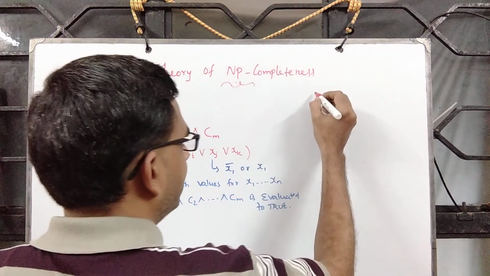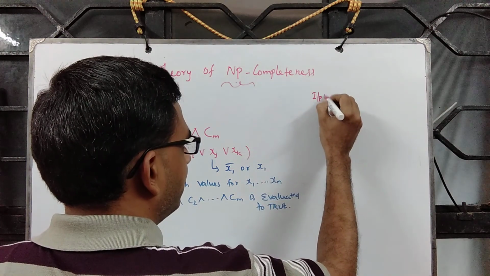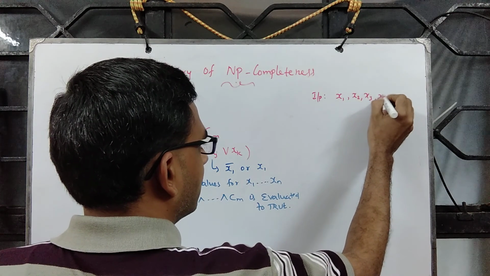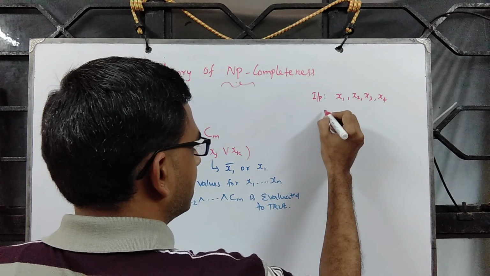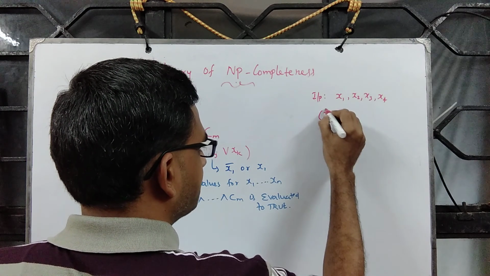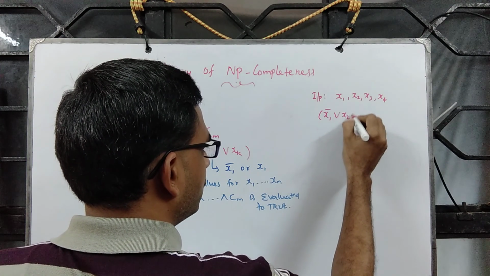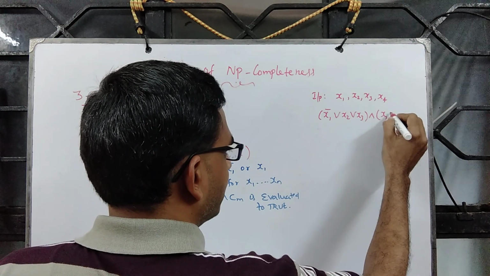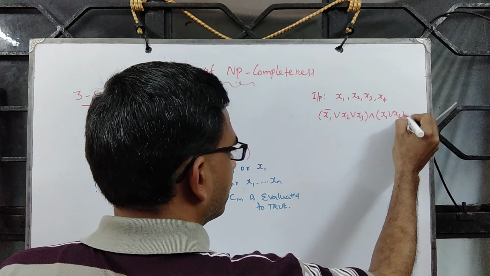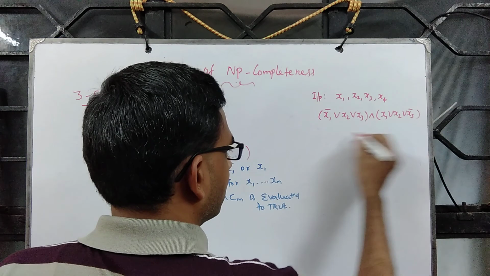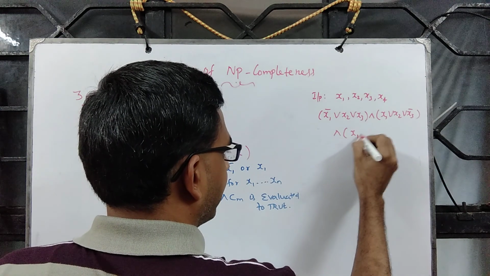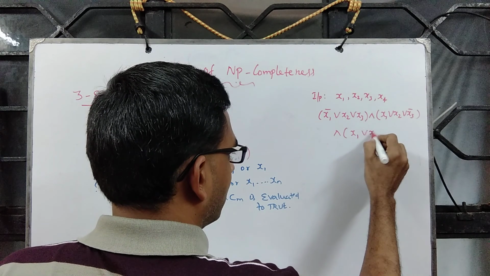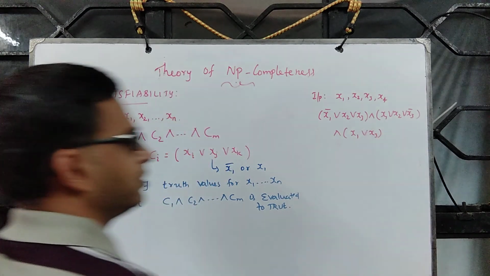Let's take an example. Suppose the input has 4 variables and my clauses are x1 bar or x2 or x3, and x1 or x2 or x3 bar, and x1, x3. So like this.